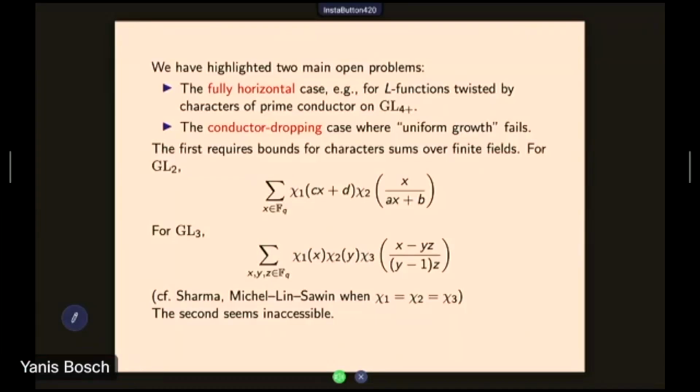For GL4, the analogous thing involves bilinear sums in character sums with, maybe, 6 variables, depending on how you count, and it goes up and up as you go. So the ad hoc techniques used, for instance, for GL3 might not be enough, but we'll see.